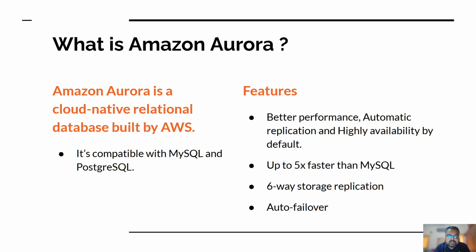What does AWS use behind the scenes? Aurora replicates data 6 times across multiple availability zones.